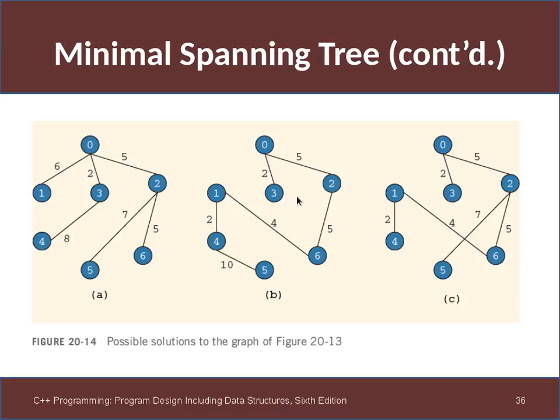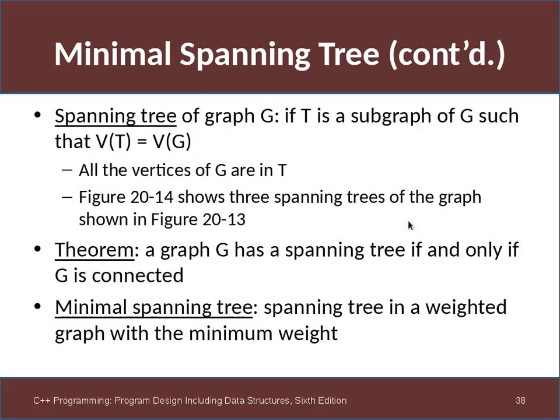So this one actually is less. 2, 6, 13, 18, 23, 25. So this one's even less. So while these are spanning trees, this one is the minimal of the three. So we actually want the minimum one, the one with the least weight.